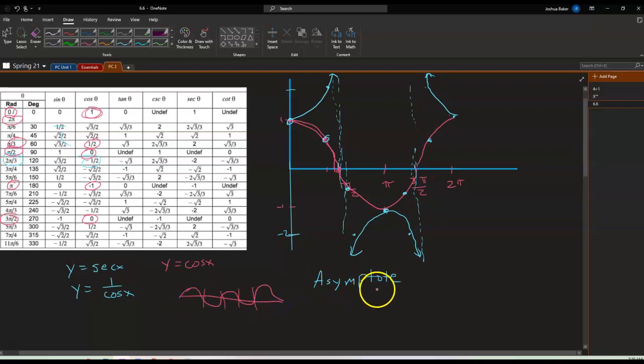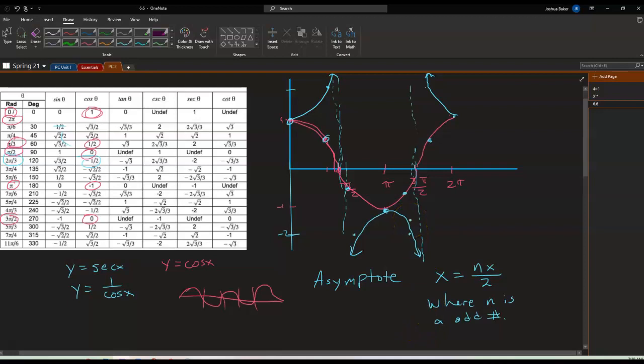Where is that going to be? Well, that is every time we have n times pi over 2, where n is an odd number.